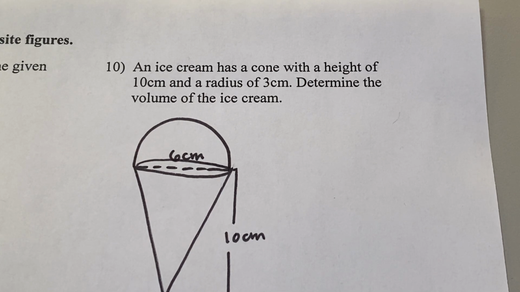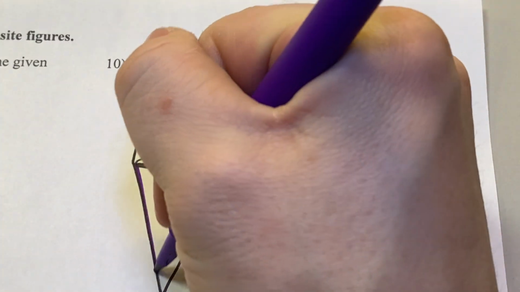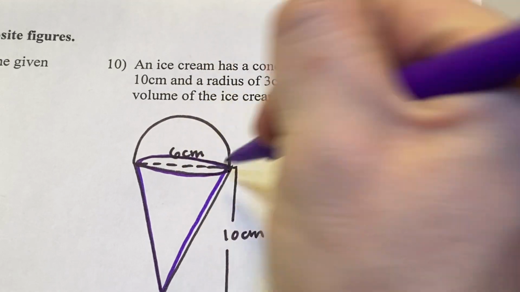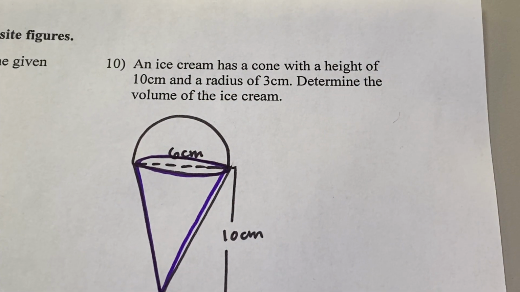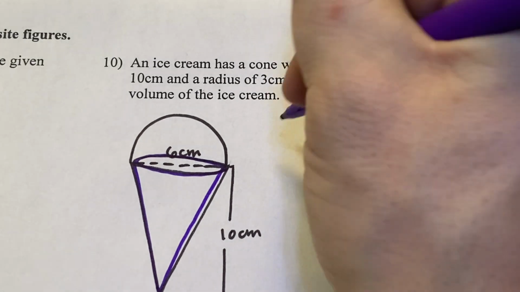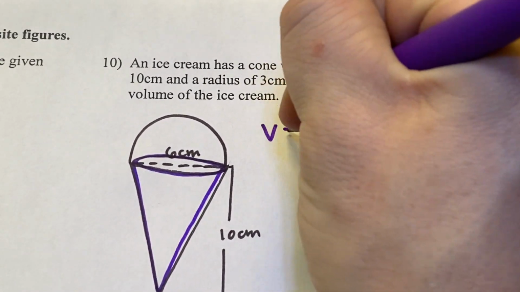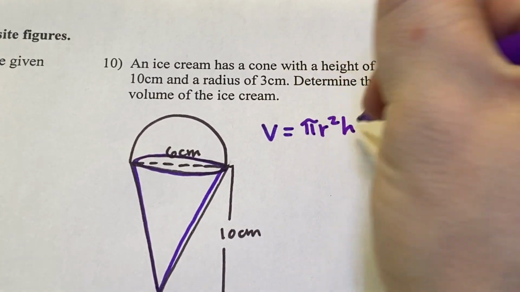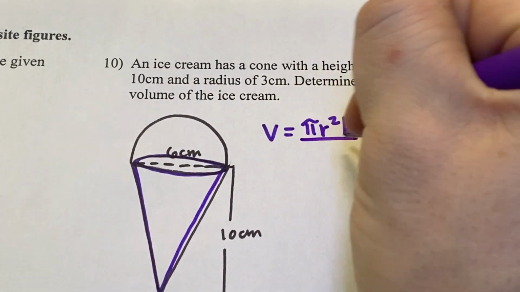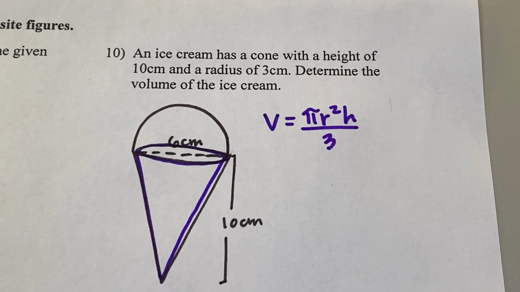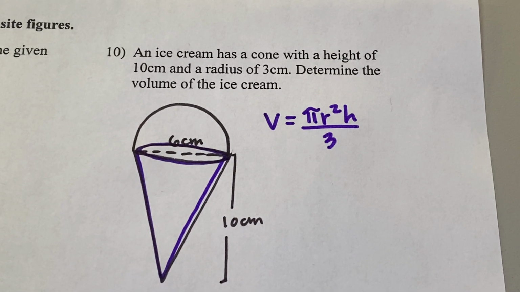There are 2 shapes that we have to find the volume for. First, what is this shape called again? A cone. It's an ice cream cone, right? That's not a coincidence. Let's remind ourselves of the volume of a cone formula: pi r squared times my height, divided by 3, gives me the volume of the cone part, not the ice cream part.